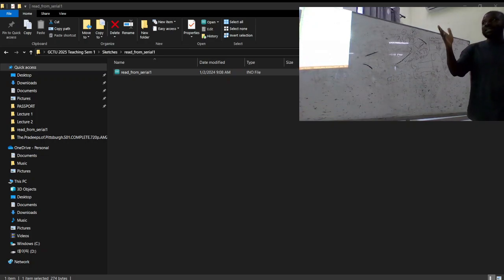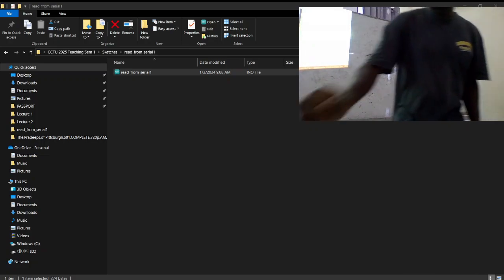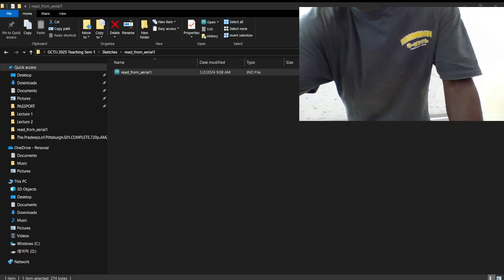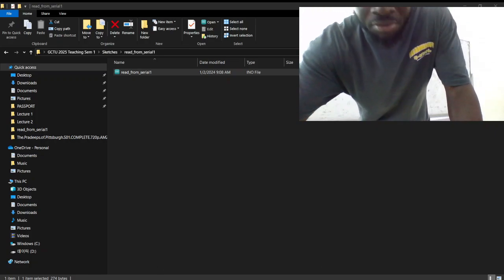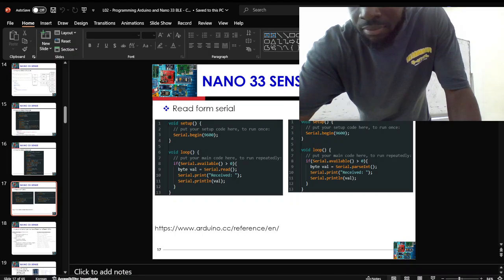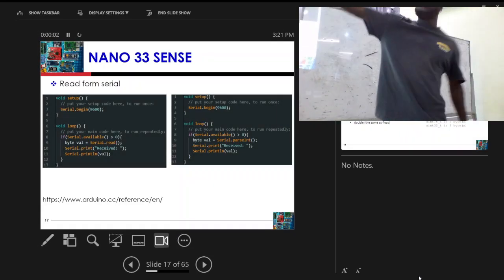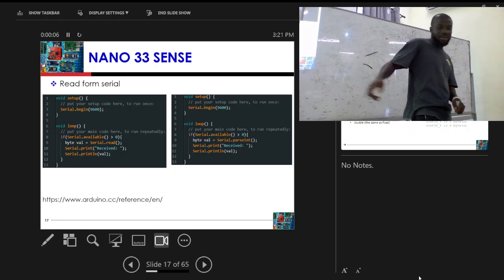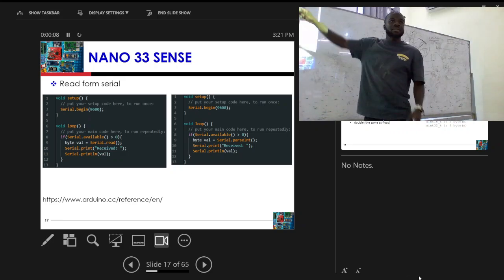So now the most important thing is that if I want to print my values as integers, all I do is use the other code. This one will print the ASCII values of the number, and the next code will print the integer values.